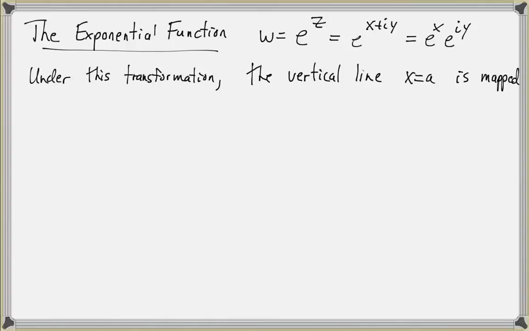So we see that the line x equals a is mapped onto a circle centered at the origin with radius e to the a.